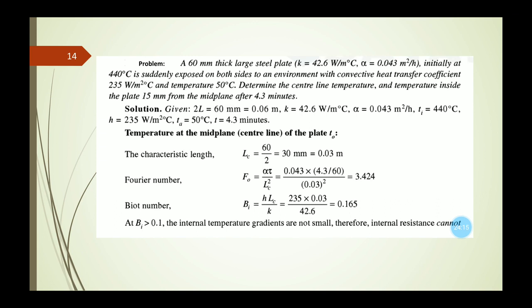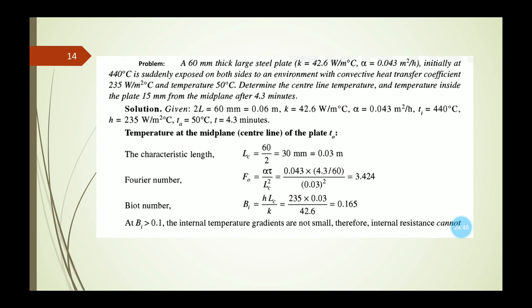A 60 millimeter thick large steel plate. For this large steel plate, the thermal conductivity and thermal diffusivity both are given. Initially, that means the initial temperature, at 440 degrees centigrade, it is suddenly exposed on both sides to an environment with convective heat transfer coefficient 235 watt per meter degree centigrade and temperature 50 degrees centigrade.